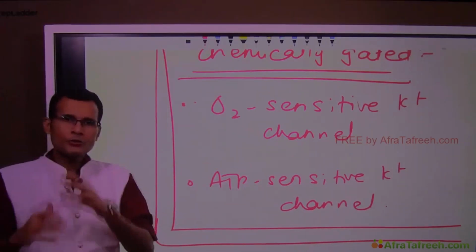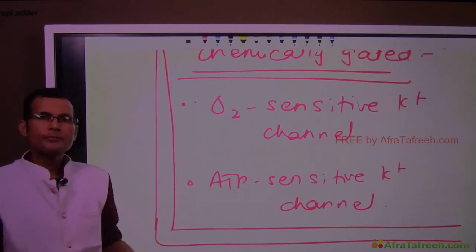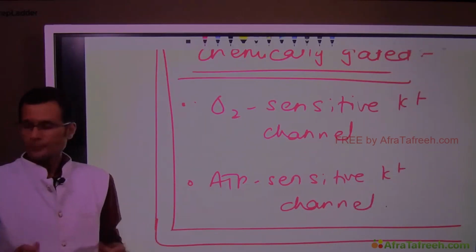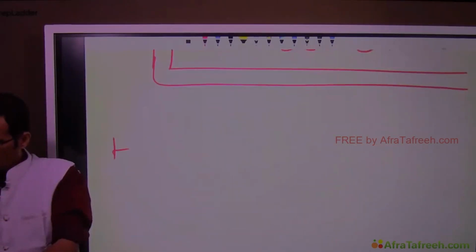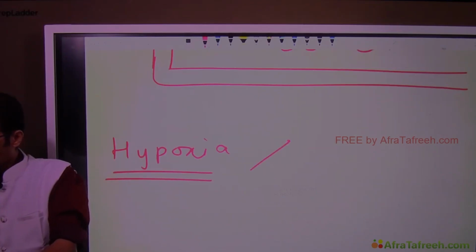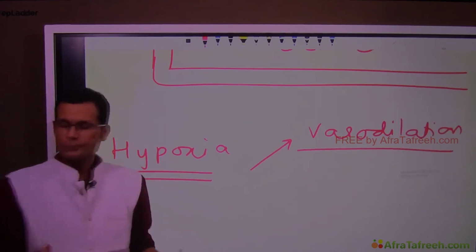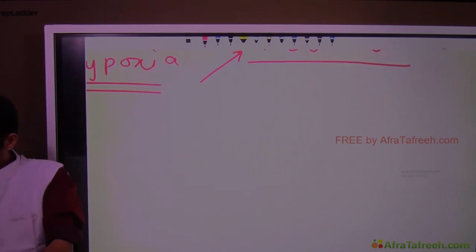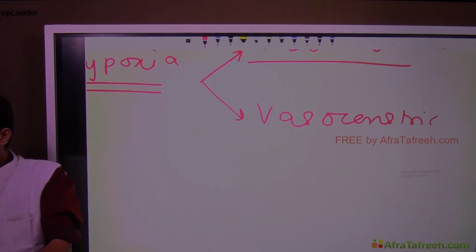Now, just to understand these channels, I am taking an example. Hypoxia causes vasodilation everywhere in the entire circulation, but it causes vasoconstriction in the pulmonary circulation.